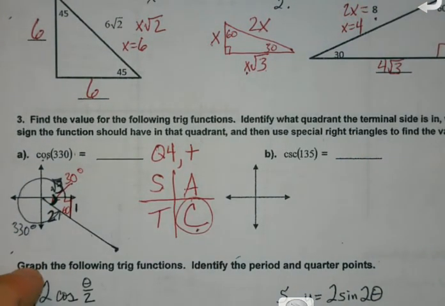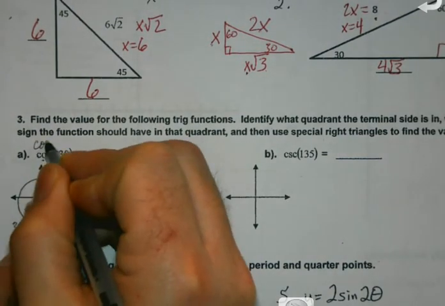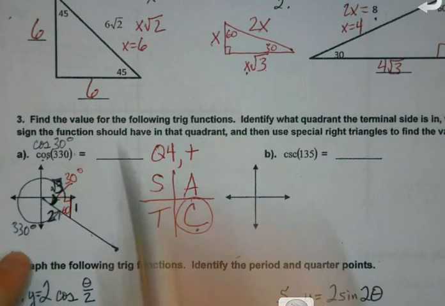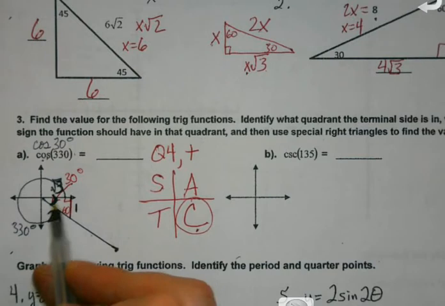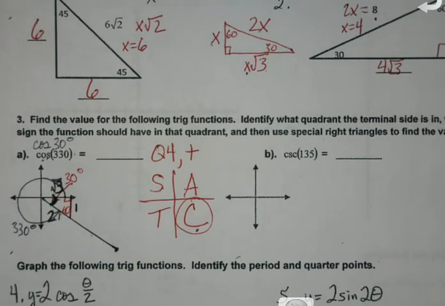So what I'm doing to calculate this is using this angle, the 30-degree angle. So really, I'm using the cosine of 30, because it's that angle that gets me back to the x-axis. So cosine, which sides do I use?